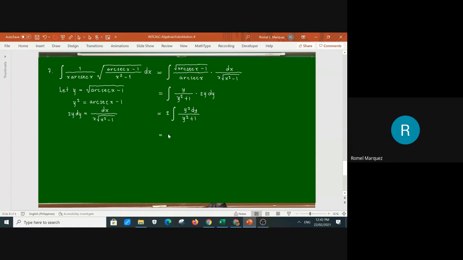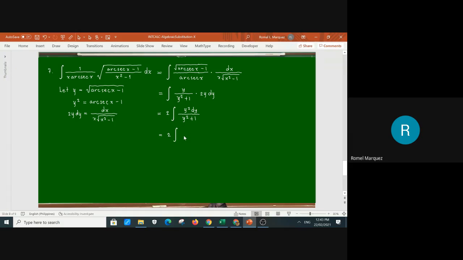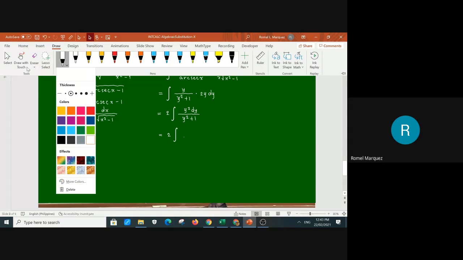And this integral, as what we had before, is the same with what, guys? Integral of, guys? Remember dy? Is it plus or minus, guys?